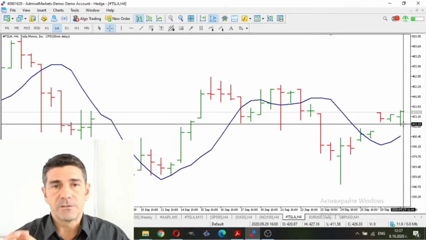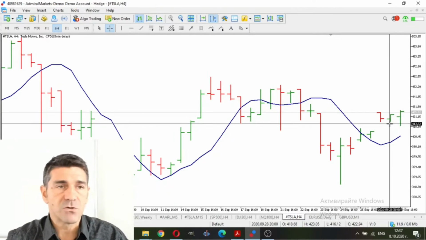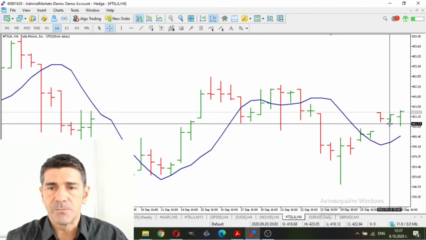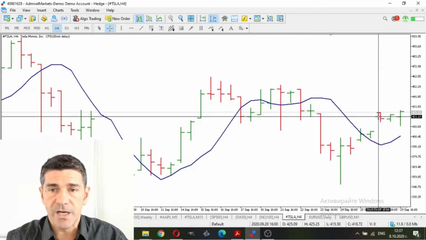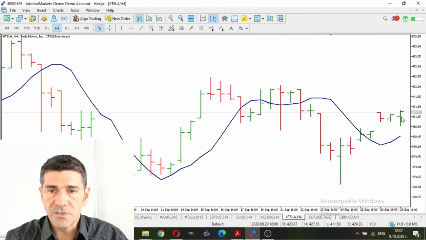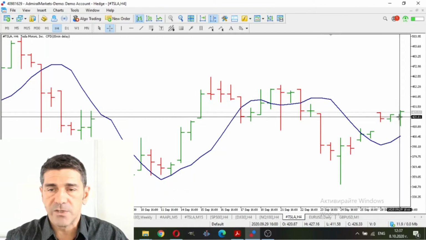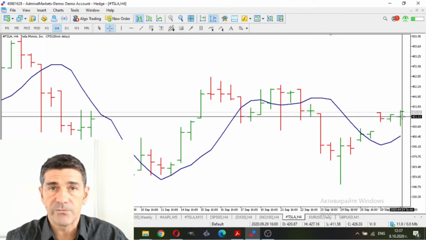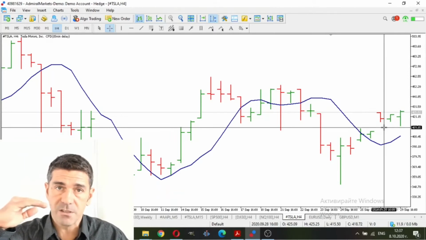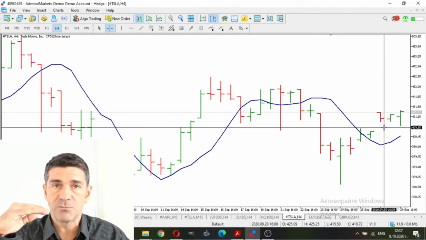Keep in mind that here it is a Tesla stock price chart, 4 hour period. So each bar represents 4 hours of time. Over this period, in this case, we've got 4 hours, 8 hours, then 12 hours. The prices keep staying above this moving average.